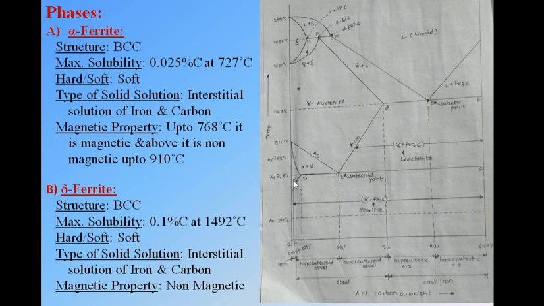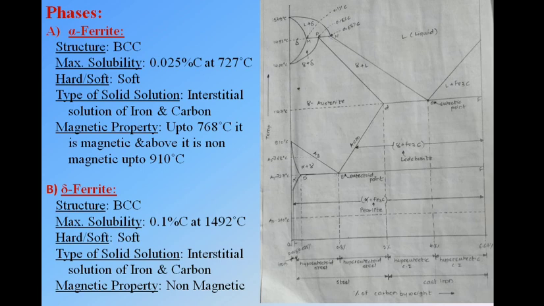This total is the alpha ferrite phase. Okay, so first, the structure will be BCC, because as iron is allotropic in nature, from 0 to 910 we will have a BCC structure. From this to 1400 we will have the FCC structure, and above 1400 we will have BCC structure again. So for alpha ferrite we have the BCC structure, that is body centered cubic structure.